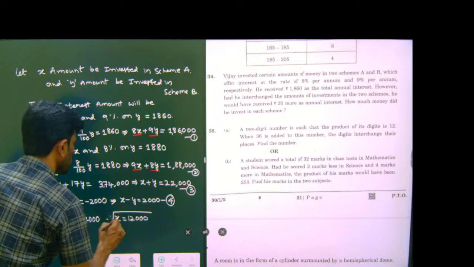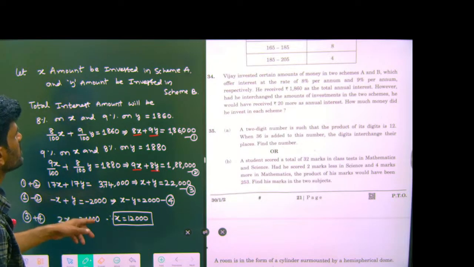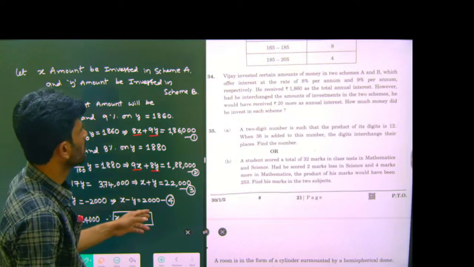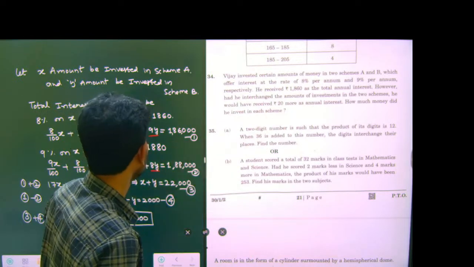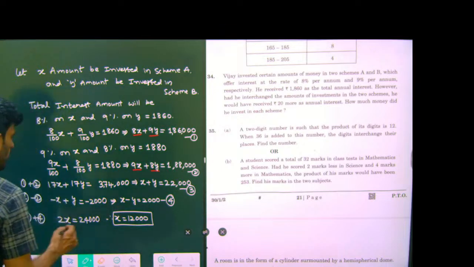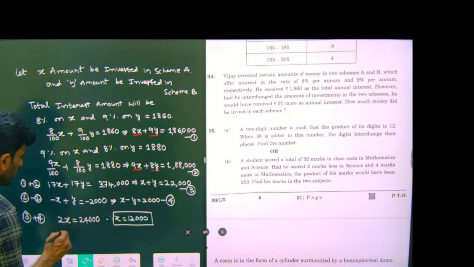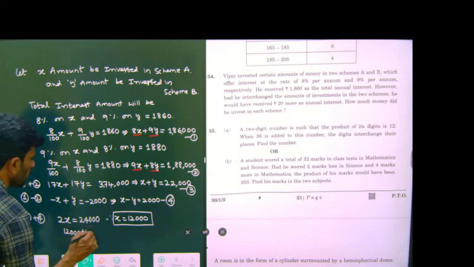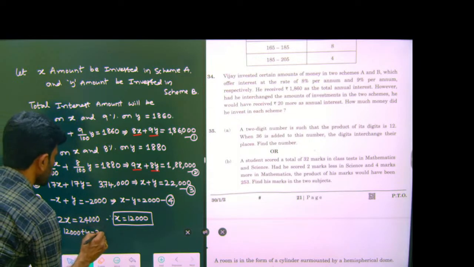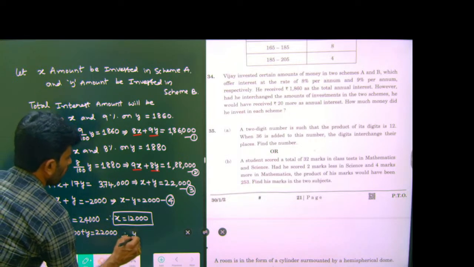So 12,000 is the amount invested in scheme A. Similarly, substituting x is equal to 12,000 in equation 3, we get 12,000 plus y is equal to 22,000. Therefore, y is equal to 10,000.